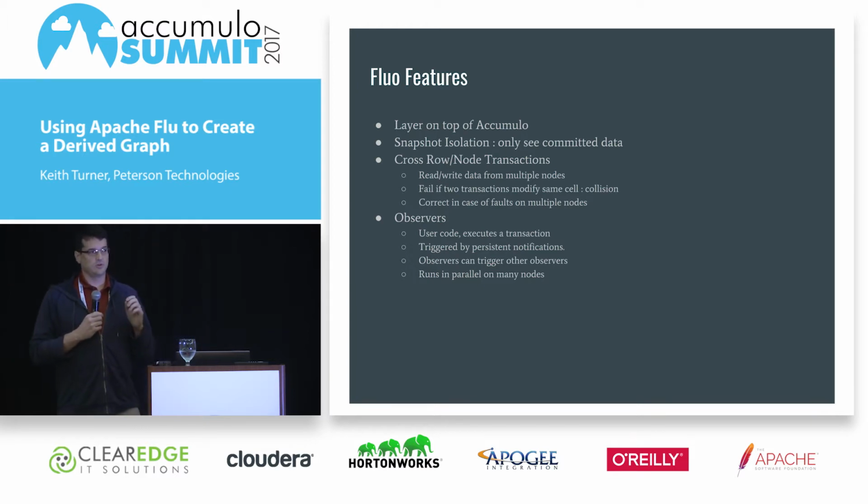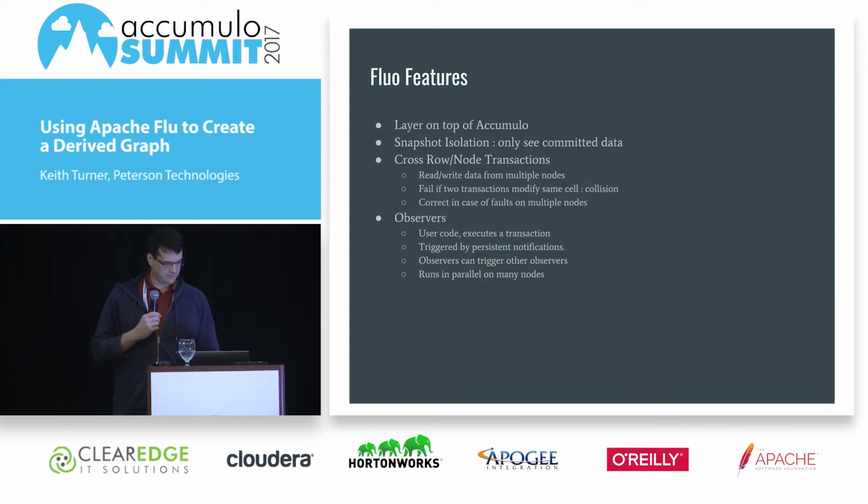Observers are user-provided code that executes when a certain column is changed in Accumulo. What happens is one transaction can set notifications that will trigger follow-on transactions to execute. So your processing becomes like a chain of these transactions manipulating the data.